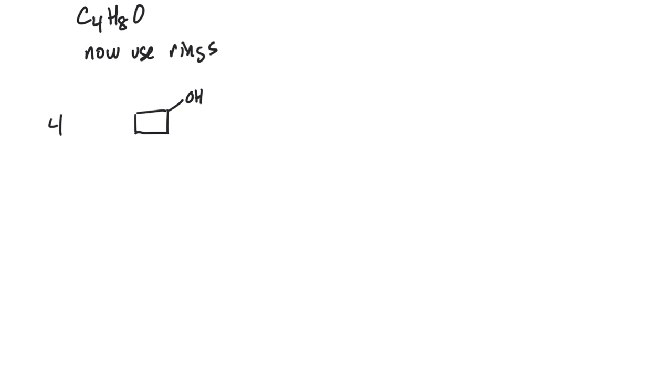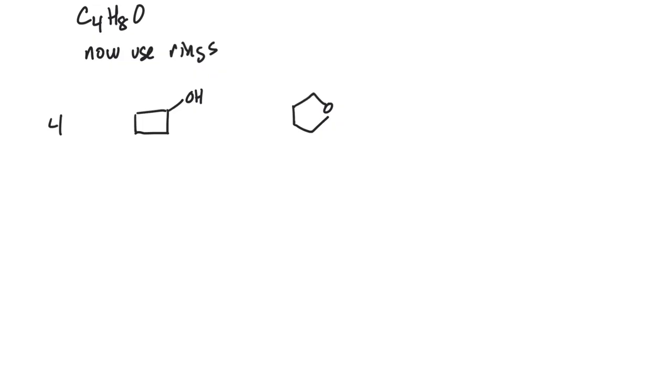Say now we wanted to put the oxygen inside the ring. So we have our 4 carbons, we have our oxygen, the degree of unsaturation is the ring. We have 2, 4, 6, 8 hydrogens.